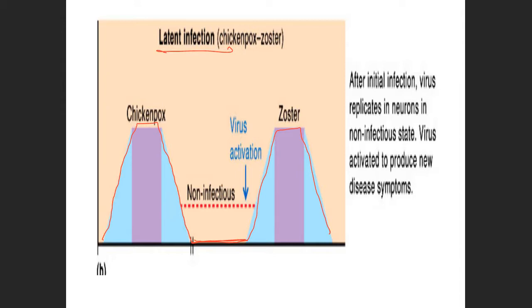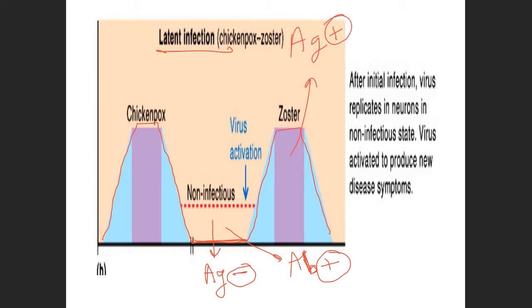During the time that it is hidden, if you do an antigen test, the antigen test will be negative. If you do an antibody test, that one will probably be positive. If you test in the middle of an infection, then you're going to get a positive antigen and positive antibodies.